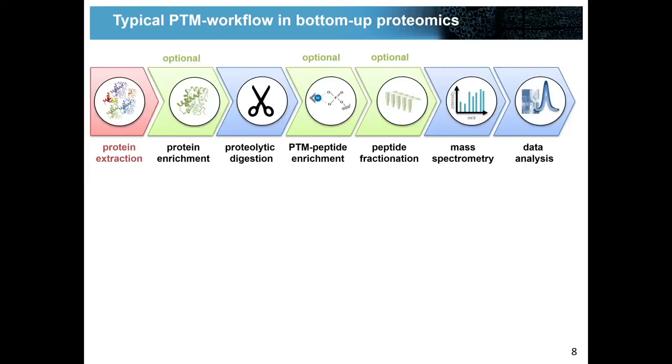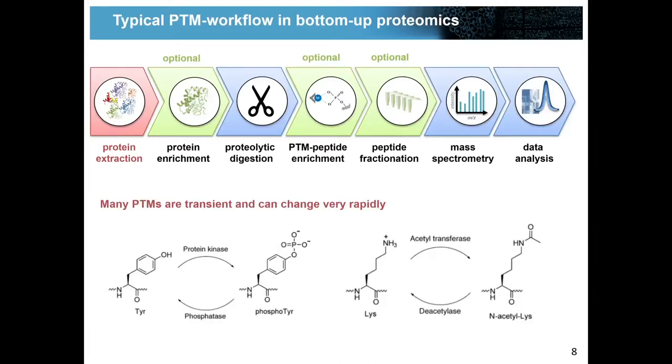This is very different for PTMs, because PTMs can change very quickly. Many PTMs are regulated by an interplay of proteins that attach the PTM and remove it, like kinases and phosphatases, acetyltransferases, deacetylases. So big changes in PTMs can happen within seconds.